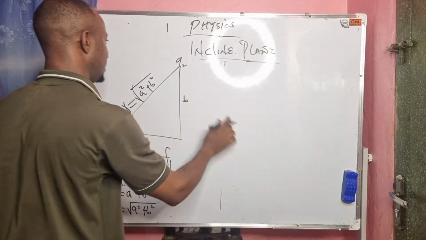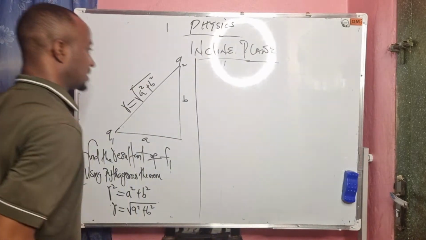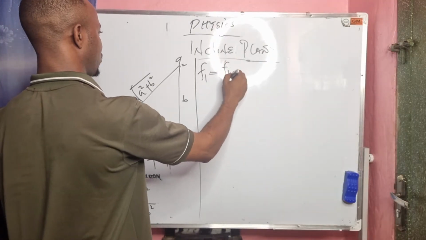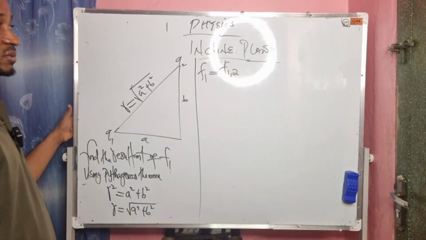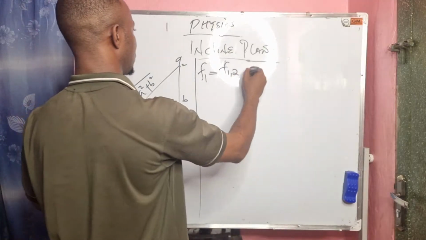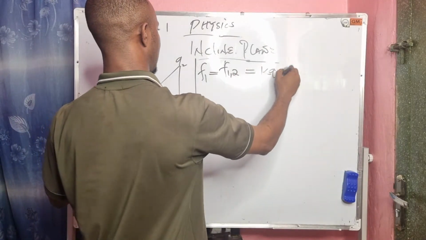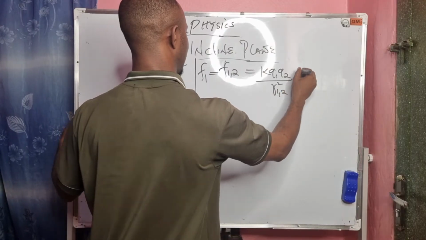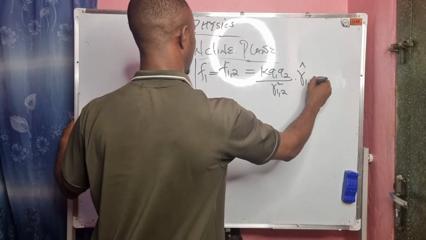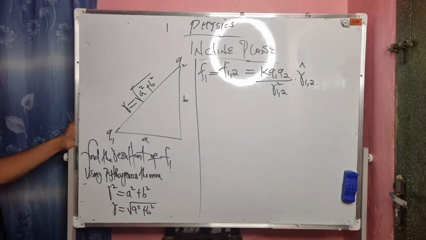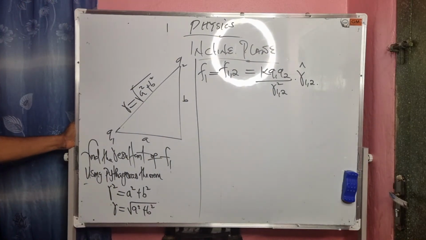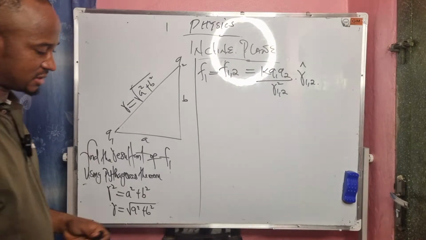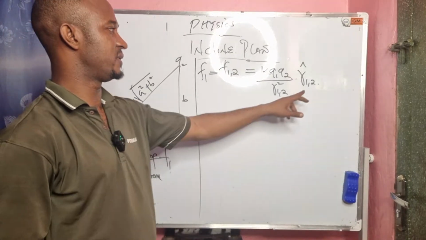Now the next is to find F1. Don't forget that if we are dealing with two charges and they say find F1, F1 is the same as F12. That gives us Q1 Q2 over R squared 12 times the unit vector of 12. But the major thing is, how do we define the unit vector?